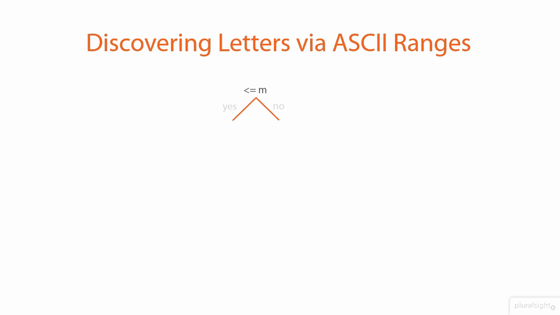Now if it's no, then I'm going to go right, and I'm going to ask about S, because S is the next middle character between M and Z. Now if that's a no, we're going to fall down to, is it less than or equal to V? So now we're narrowing down this range. We're somewhere greater than S, but less than or equal to V. Now we might get a yes response this time. So now we split again.